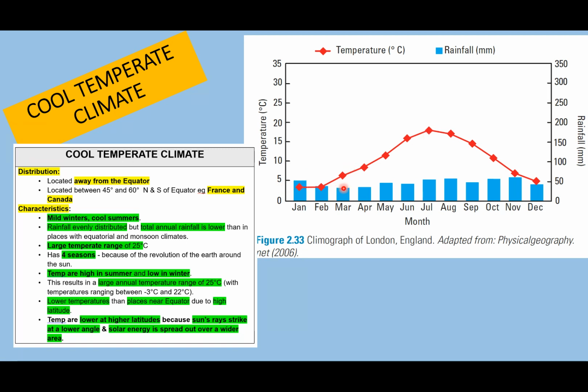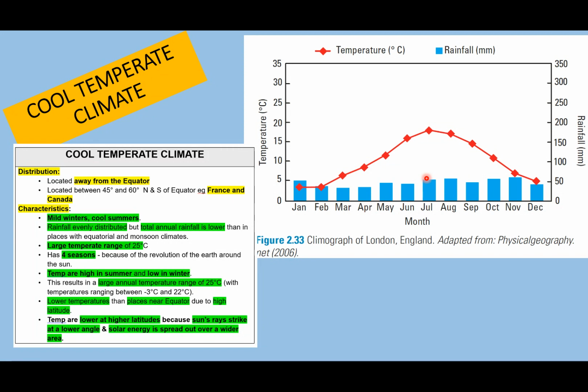Rainfall evenly distributed, but total annual rainfall is lower than in places with equatorial and monsoon climate. Large temperature range of 25 degrees Celsius. They have four seasons because of the revolution of the earth around the sun.